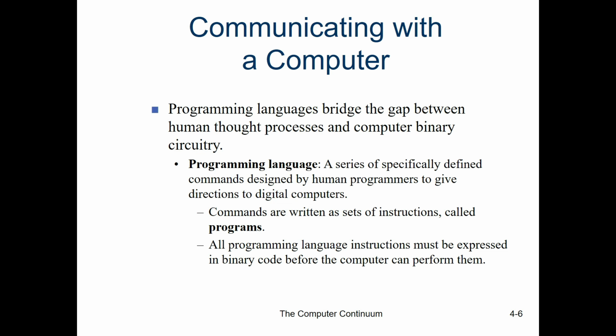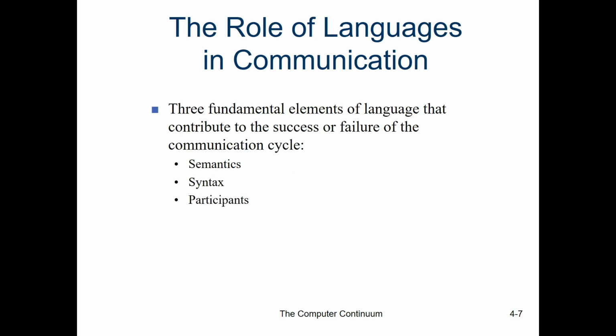A programming language is just a series of specifically defined commands designed by human programmers to give direction to digital computers. Commands are written as a set of instructions called programs. Our programming language instructions must be expressed in binary code before the computer can perform an action on them. So that's the simple thing, which I think you understand.